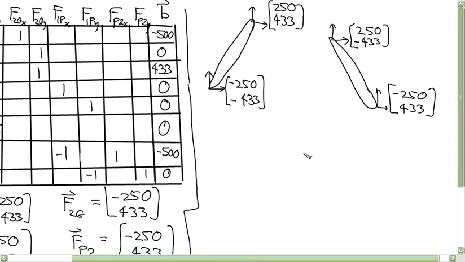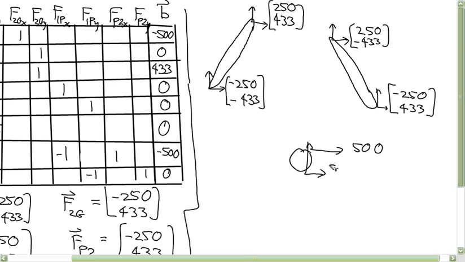And then acting at the pin, I mean, basically, if we added up all these forces acting at the pin, what would the vector be? 0, 0, right? Because it's not going anywhere. So there's a couple ways to think about it. I'll put all these on here. So there's that force.